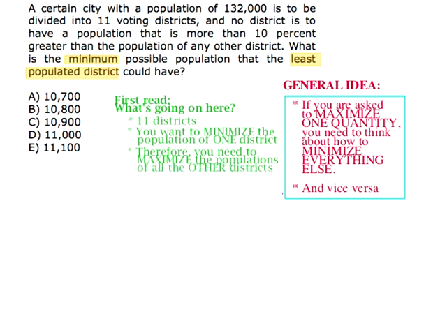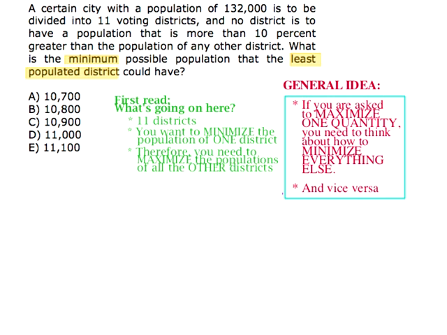Okay. And also, the deal is that in this problem, the populations don't have to be different numbers. There's absolutely nothing distinguishing districts from each other, which means that all of the other maximum districts are going to have the same population because there's no reason why they wouldn't.